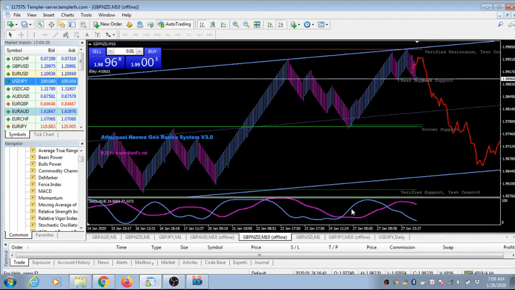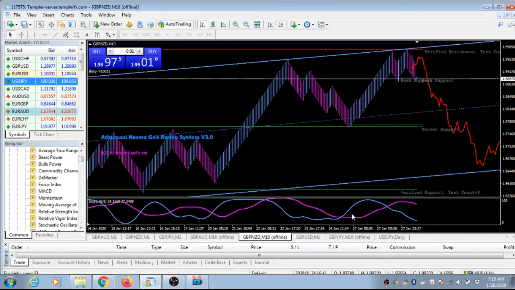As I just pointed out, the blue lines mean buy or bullish trend, and the pink lines mean a bearish trend. The blue line is based on the non-repainting solar window principle, and the pink line is technically based on the stochastic principle, which comes with MT4.